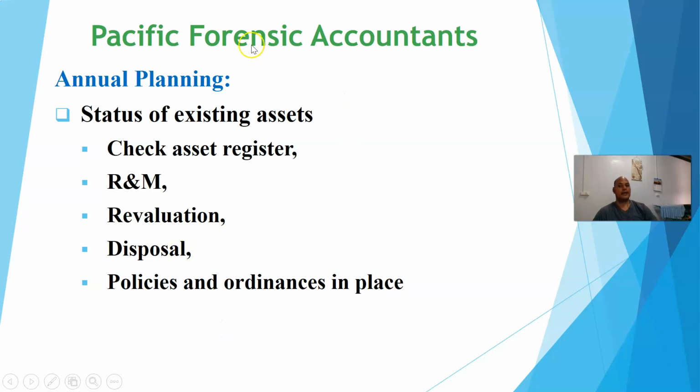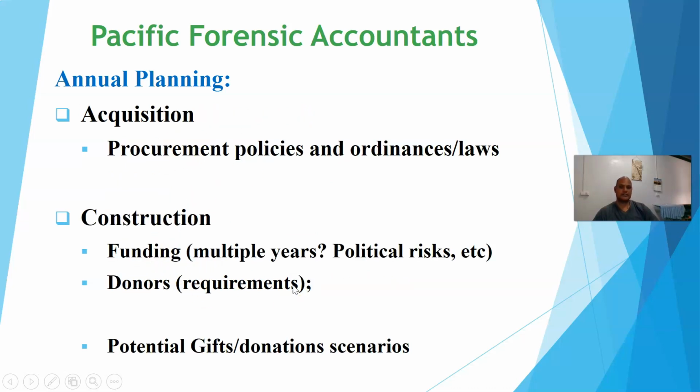So at the planning level, we should consider these things, as well as, if we want to implement anything here, we need to at least ask ourselves whether the asset register is updated and whether whatever we are going to implement here will comply with our policies as well as our ordinances.